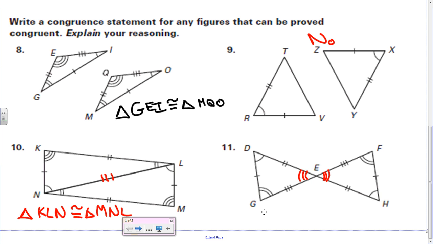And so now we can write it out. Triangle DEG is congruent to, now you find whatever one has one loop on this triangle, triangle HEF. And that's it.